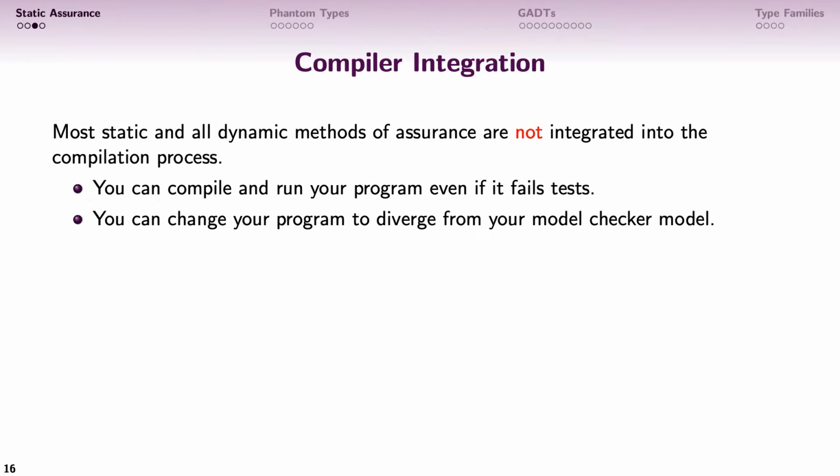I could change my program and my model checker's model might no longer reflect the reality of my program. If I write a proof about my program and then I change my program, then my proof may not apply anymore to that program, and it may be useless and may not show the property that I want.